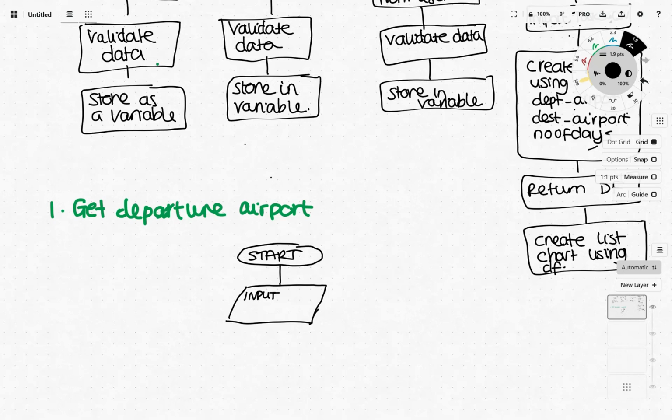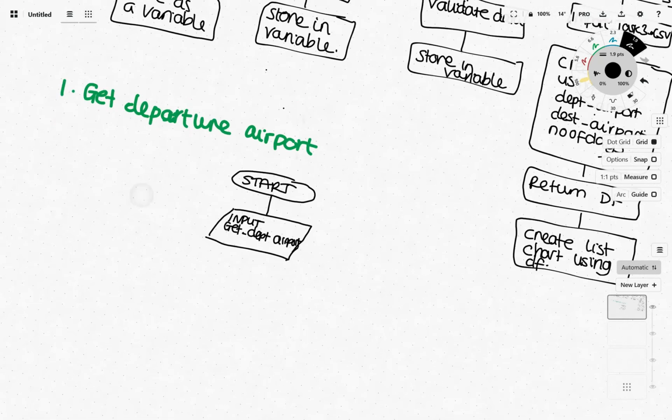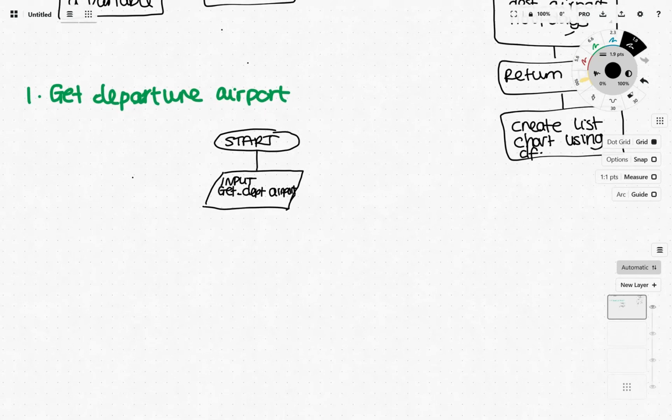So get departure airport. Okay, and then you probably would go into a decision: is departure airport valid? This is where I do terrible jobs at drawing diamonds, hence why you use shapes.